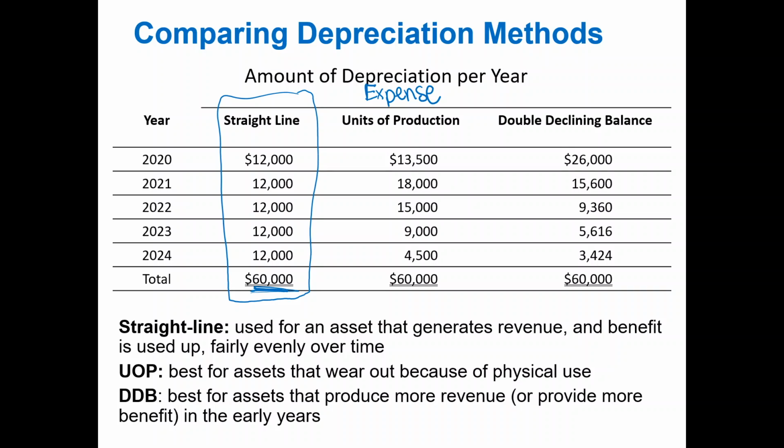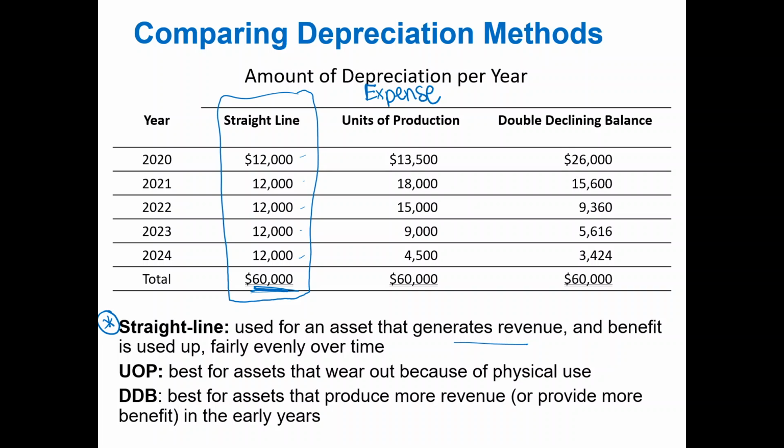That's the cost minus the residual value. So straight line is even each year, and therefore, as it says at the bottom, it's used for assets that either generate revenue or the benefit of that asset is used up pretty evenly over time. It's unlikely that it'll be exactly the same benefit for those 5 years, but if it's pretty close, straight line makes the most sense to record and match that expense evenly over those years and evenly as revenue is generated.